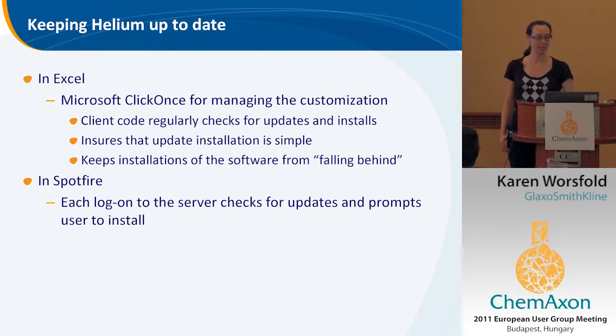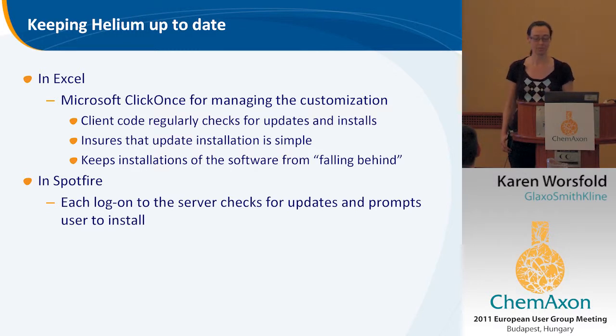Just a quick comment about keeping Helium up to date. I haven't mentioned the Spotfire piece, but in Excel we decided to use the Microsoft ClickOnce VSTO updates. That means we don't have to get the users to pull anything when we want to put out updates. Basically, on launching Excel, every 30 days it checks for updates and will automatically download them.